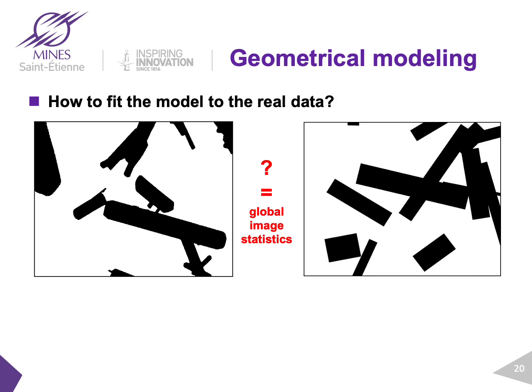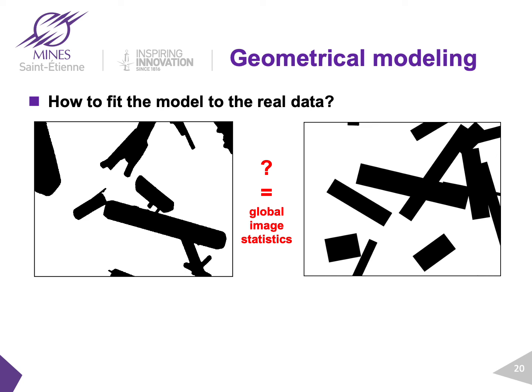So for this application, we have defined a geometrical model representing a population of rectangles. So we are able to simulate different images of a population of rectangles. And now the idea is to try to fit the model to the real data. So on the left part, you have the real image. On the right part, you have a simulation.